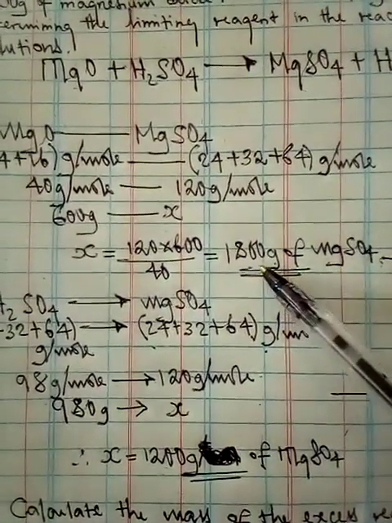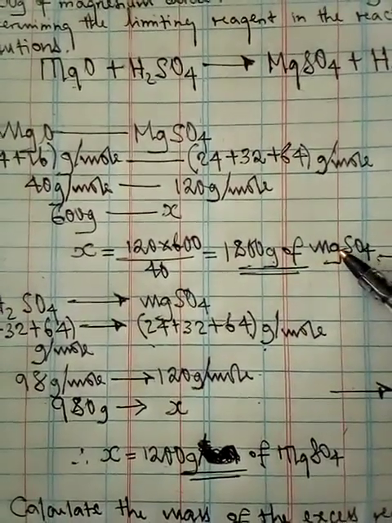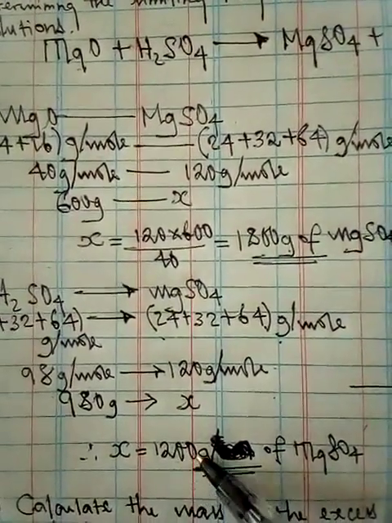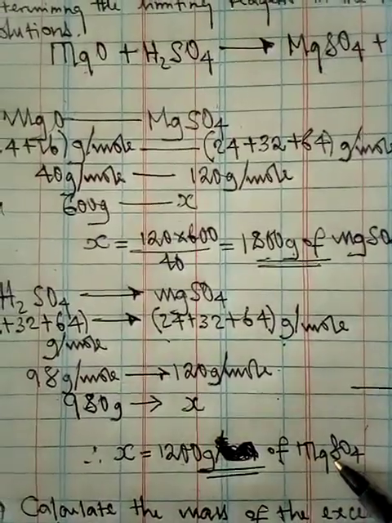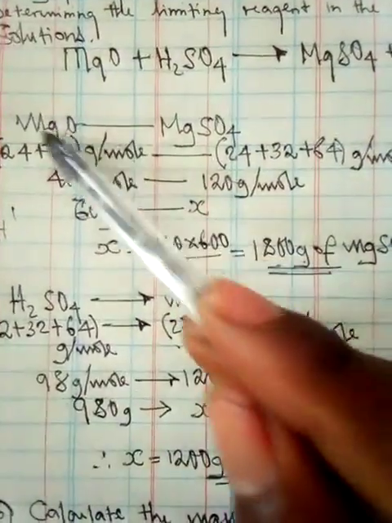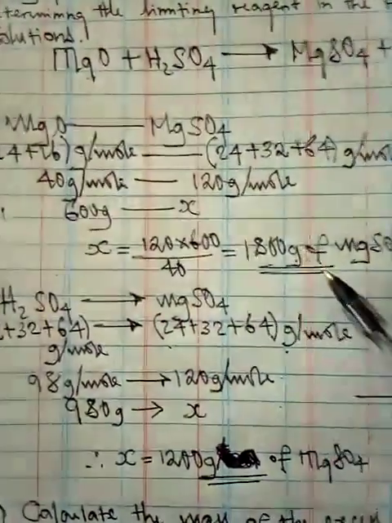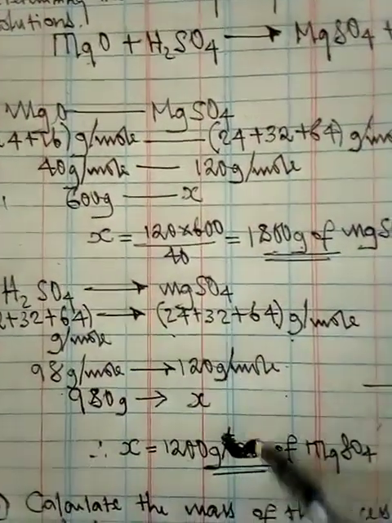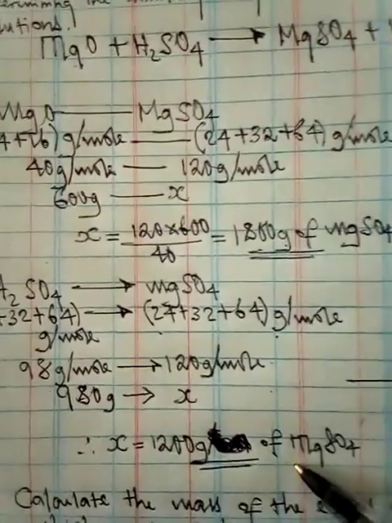There is 1,800 grams of magnesium sulfate here, and there is also 1,200 grams of magnesium sulfate. You used magnesium oxide to determine this mass. You used sulfuric acid to determine this mass of magnesium sulfate.